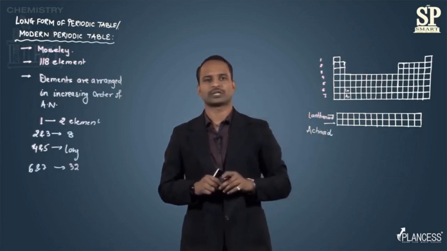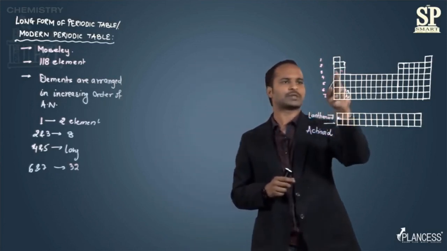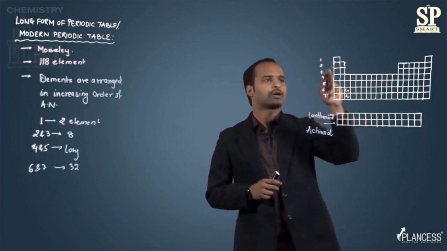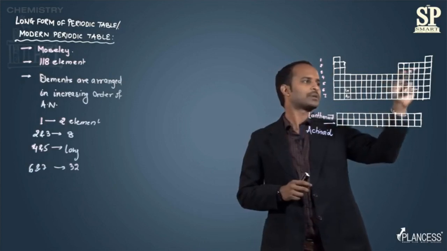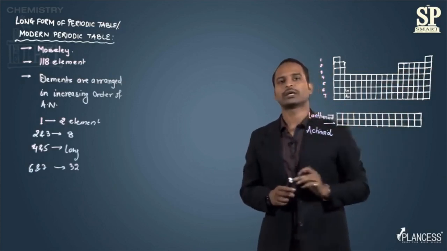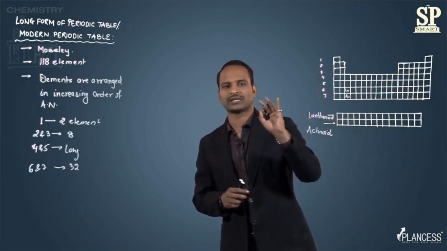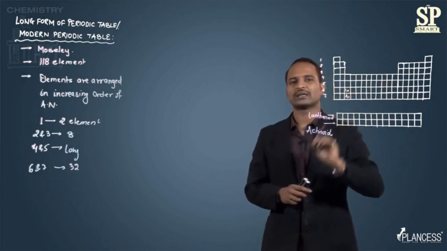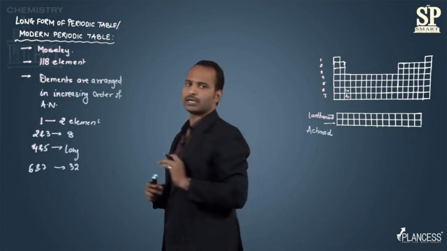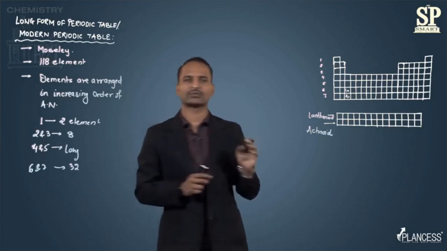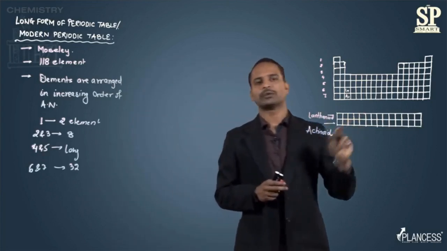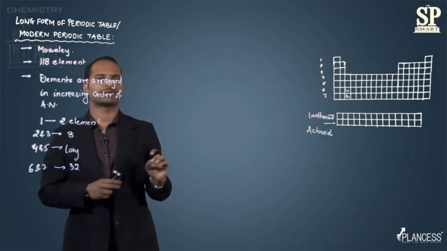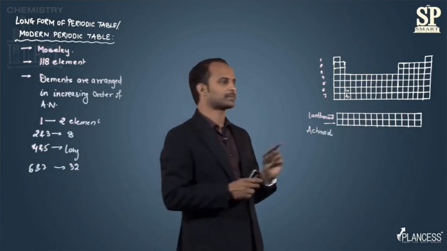For example, all 8 elements present in period number 3 have the same number of shells, that is 3 shells. The 18 elements present in the 5th period all have 5 shells, that is, the outermost shell for them is 5. Elements present in the 7th period all have 7 shells. So here the number of the period represents the number of shells.